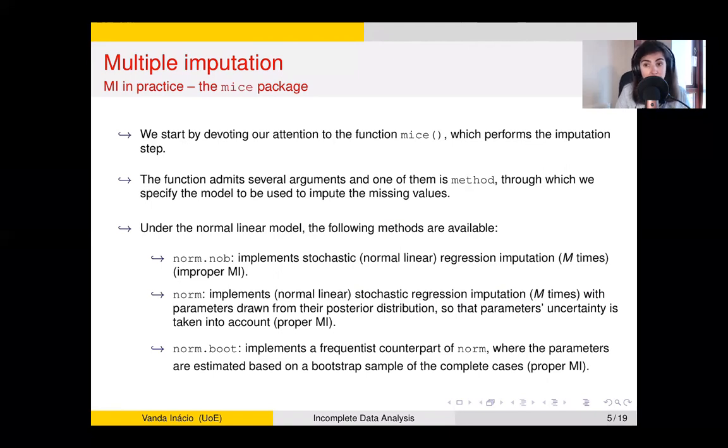As we have seen last week, this approach is known in the literature as improper multiple imputation, because what we do is we fit our regression model to the complete cases, and then we predict the missing values using the coefficients from the fitted regression model in the complete cases, but we are using the same regression coefficients for all copies of the data set that we have made. So we are ignoring that we have uncertainty about these estimates.